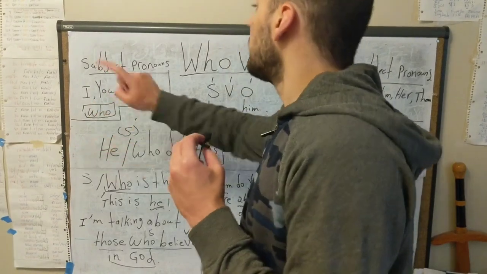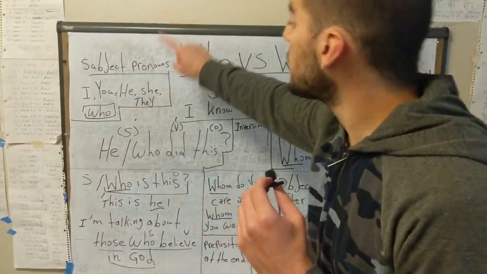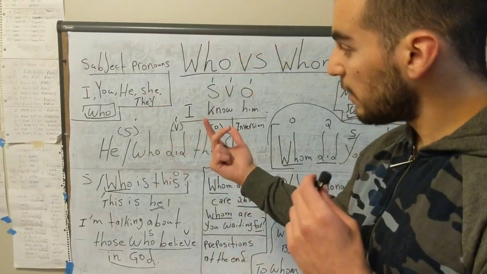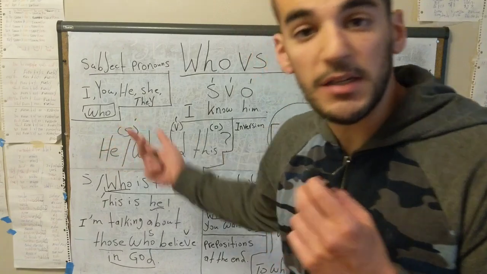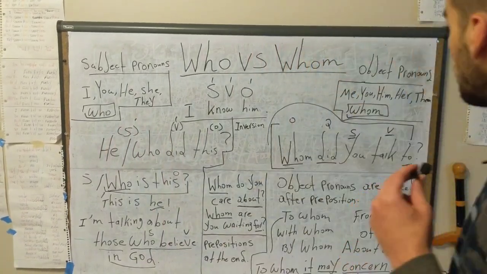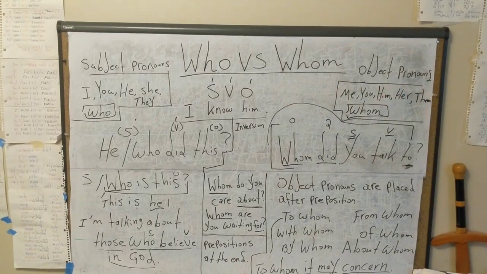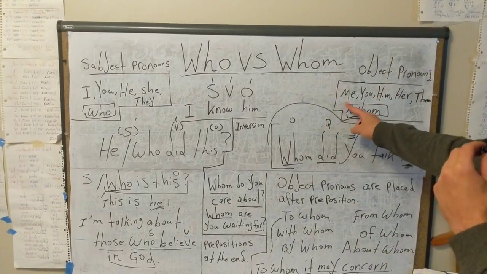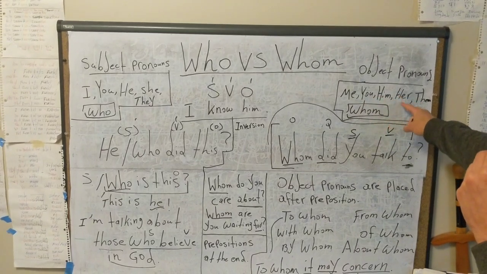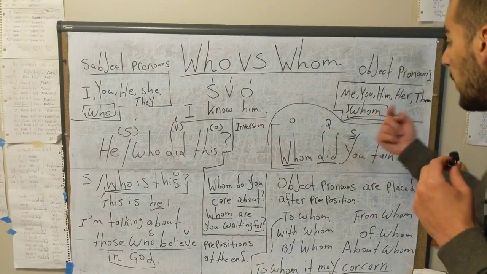I, you, he, she, they, and who. Who is a subject pronoun, okay? You have to understand that. Coming to the side of object pronouns, they are me, you, him, her, them, and whom.